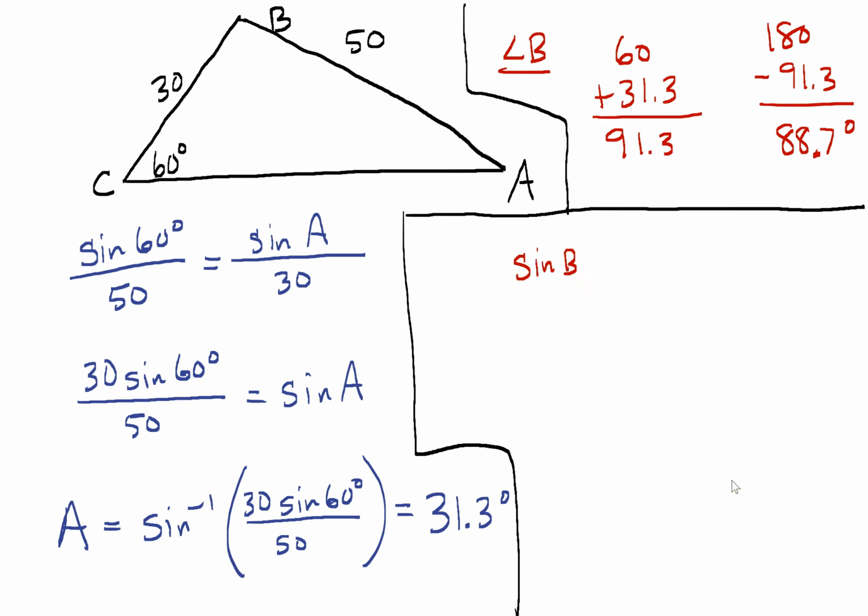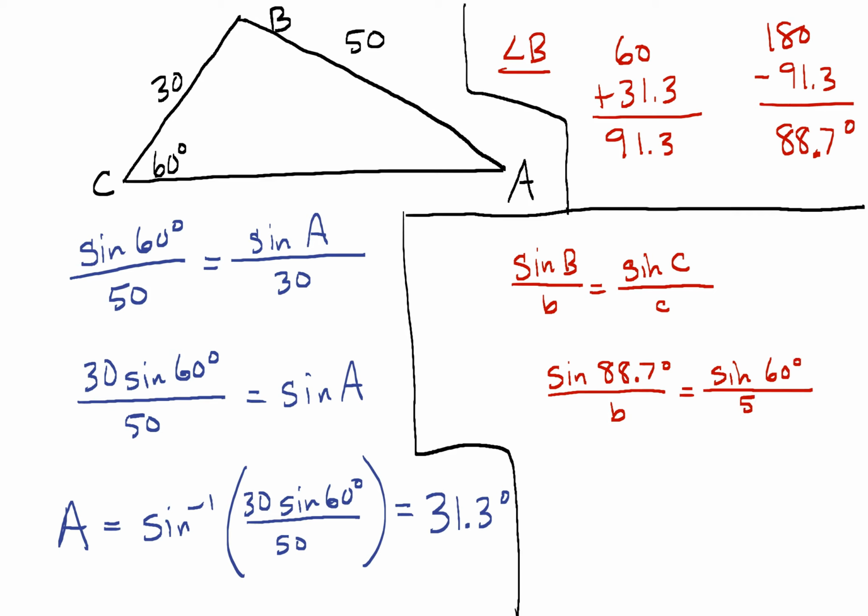So how about sine of B, which I know, over little b, which I want to know, over sine of C and little c. Okay, punching that in. Just the numbers, 88.7 now comes in finally. And I can cross multiply here.